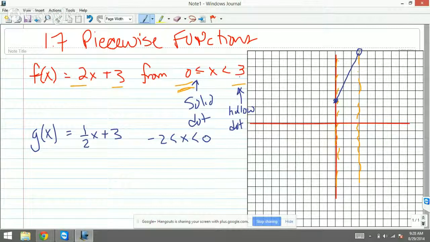Well, my question is, can you do it? Do you have the ability to graph that? Okay, why don't you go ahead and try that. From -2 to 0. And if you need help, please ask.